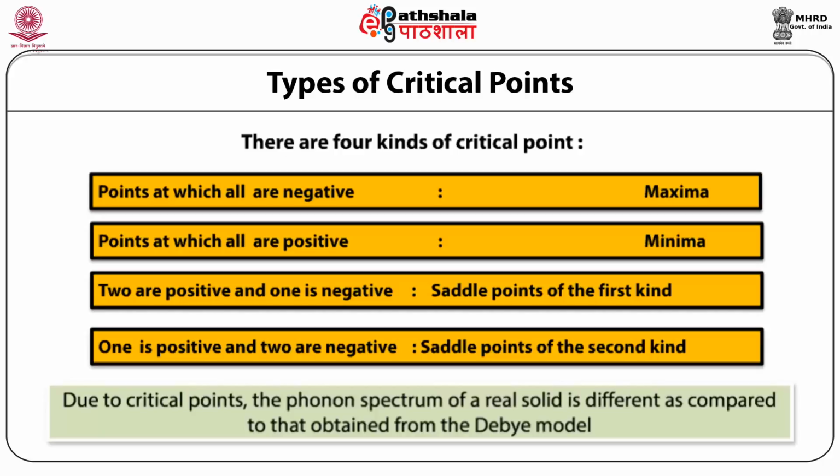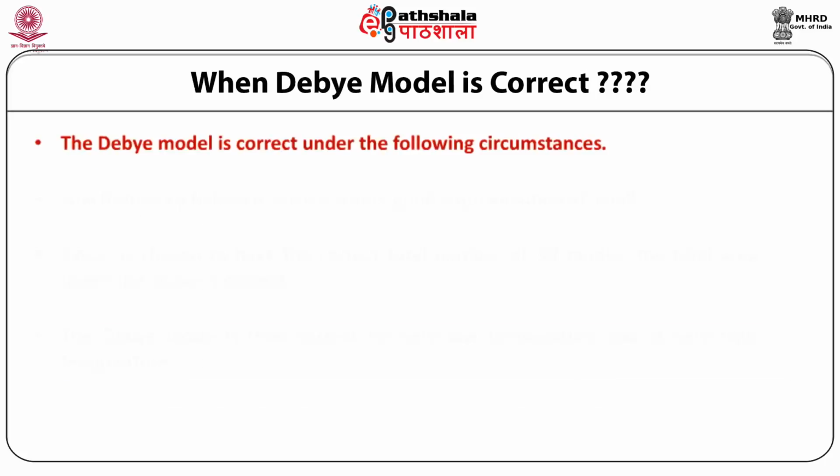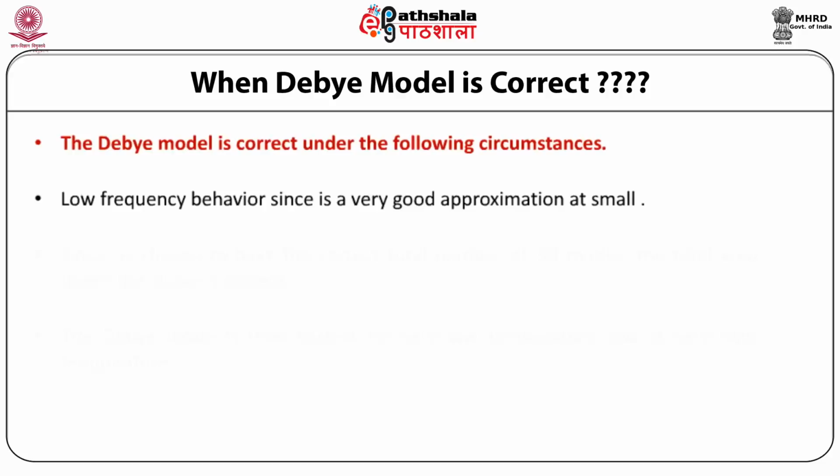Because of the critical points, the phonon spectrum of a real solid is different as compared to that obtained from the Debye model. The Debye model is correct under the following circumstances. So when is the Debye model correct? It is correct, first, at low frequency, since omega k lambda taken to be V times mod of k is a very good approximation at small omega.